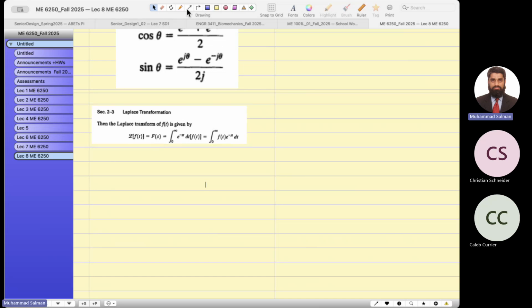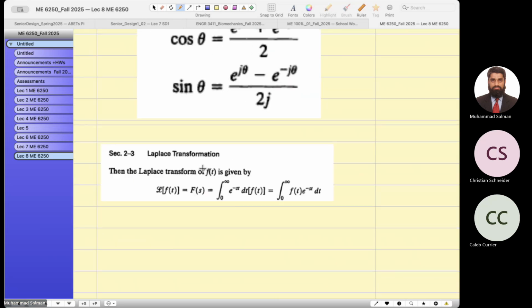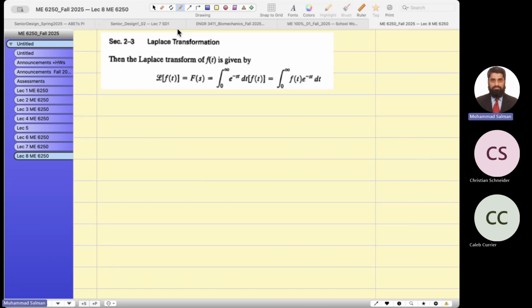So if I take one example, for example, if I ask you, can you find out the Laplace transform of a e to the negative at for t positive or equal to 0?